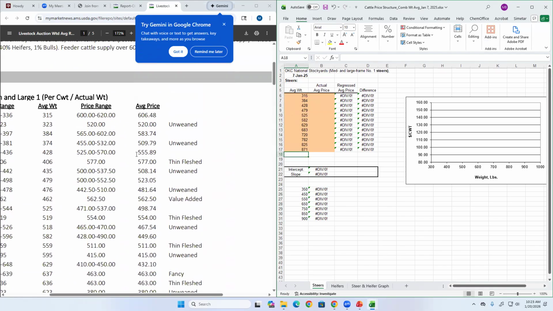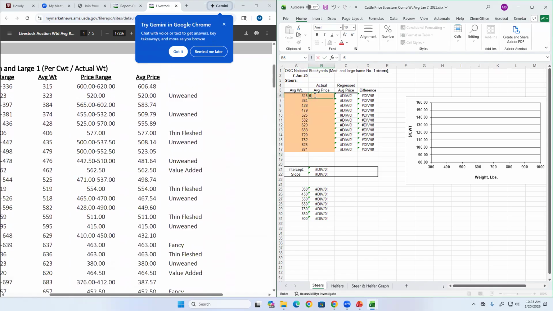Okay. Now for those groups of animals, start reading me the average price.